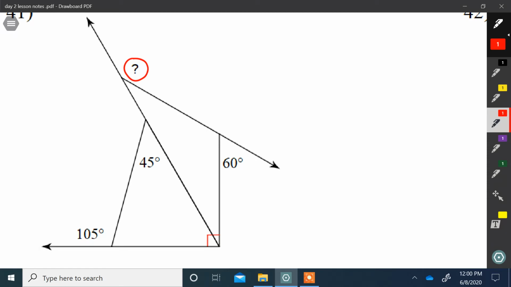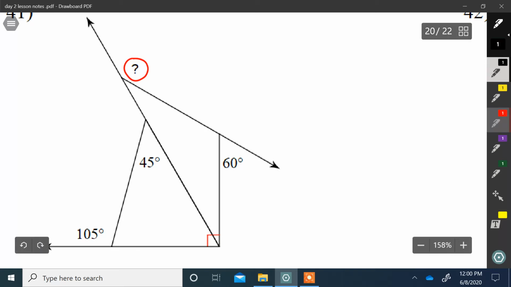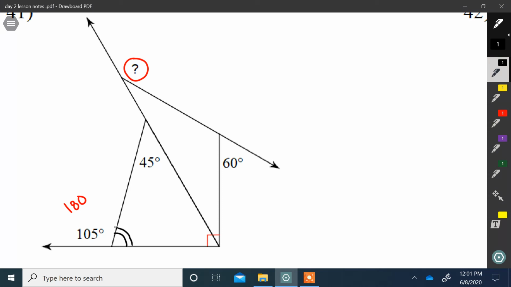When I take a look at this one, I want to figure out all the angles possible. I look at this one here and I know, how do I figure that one out? Well, I know that all of that is 180 degrees. So that means if I want to get this angle right here, I have to subtract 180 minus 105.